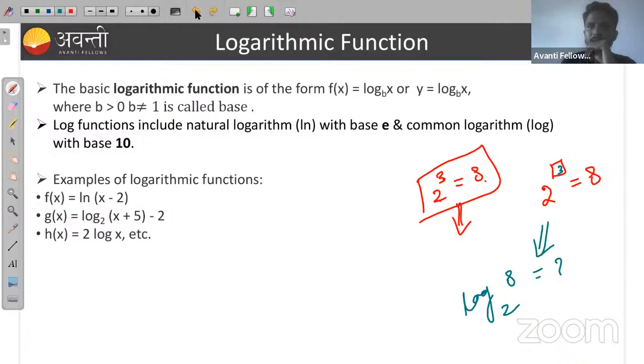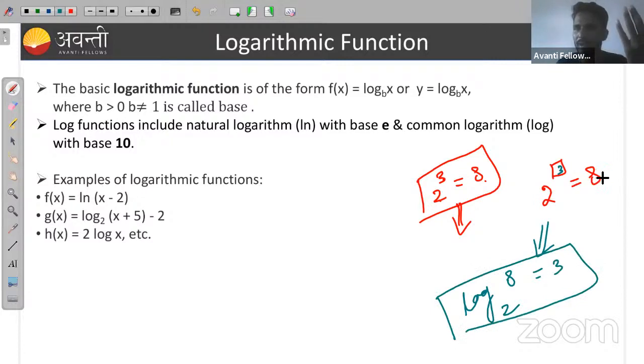Or I can say that 3. Okay. Writing this is the same as 2 to the power 3 is equal to 8. I can write it as log 8 to base 2 is equal to 3. That means whenever there is something written here and here, you just have to ask yourself, 2 को कितना रेज करने पे 8 आएगा? तो आंसर इज 3.